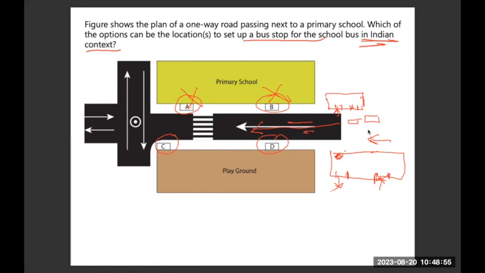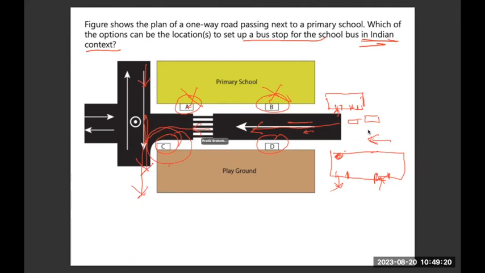Between C and D, C is at the junction corner. It is extremely dangerous for any vehicle to stop at the junction, because that is where two traffic flows merge, one moving from this side and one taking a turn from here.